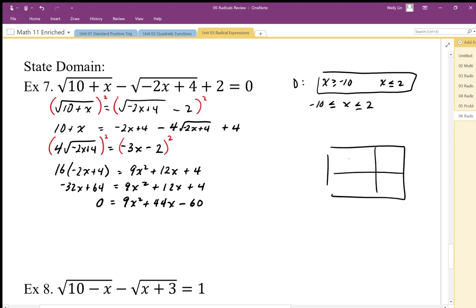So we end up with 9x squared times -60, that's going to be -540x squared. So we're looking for factors of 540. Yeah, that looks like it'll be factorable. So 10 times 54, so we should end up with negative 10x positive 54x.